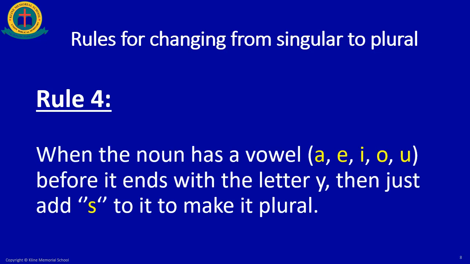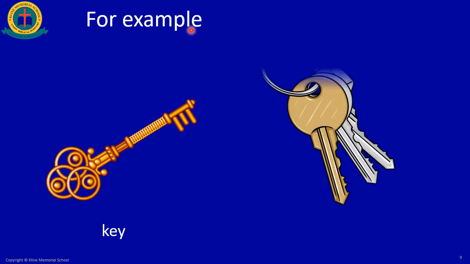Rule number 4. When the noun has a vowel A, E, I, O, U before it ends with the letter Y, then just add S to it to make it plural. For example, one key, many keys.